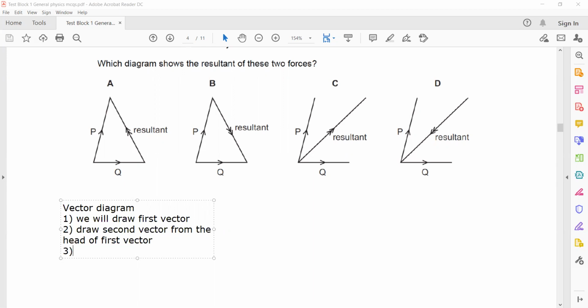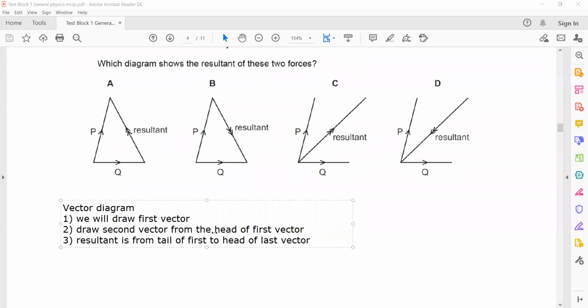To find the resultant, draw from the tail of the first to the head of the last vector. That will give us the resultant vector. So this is the vector addition rule.